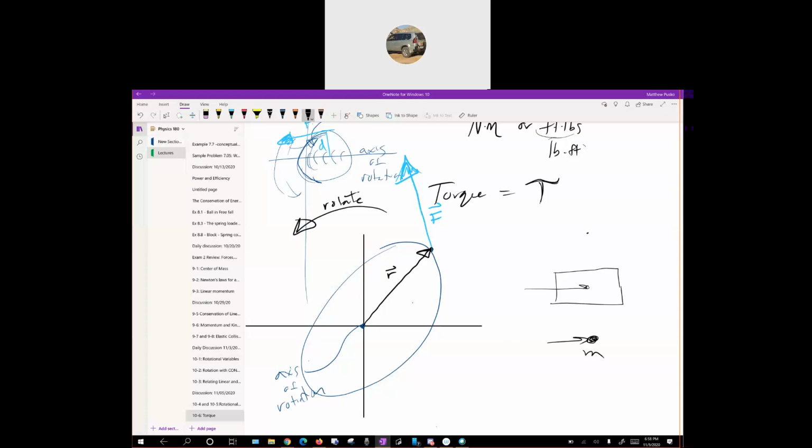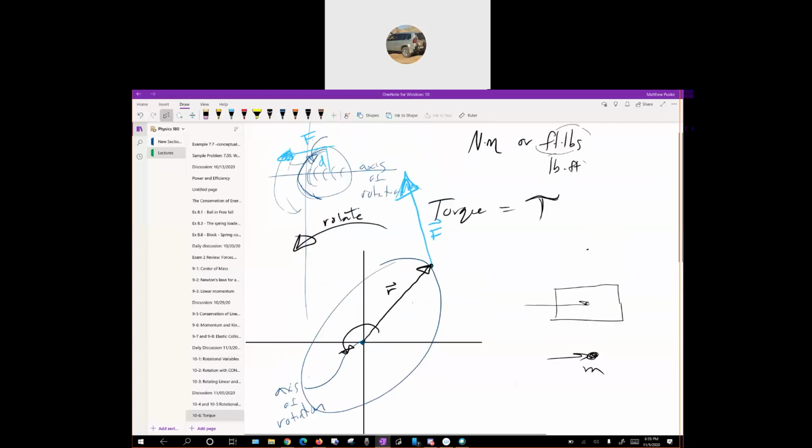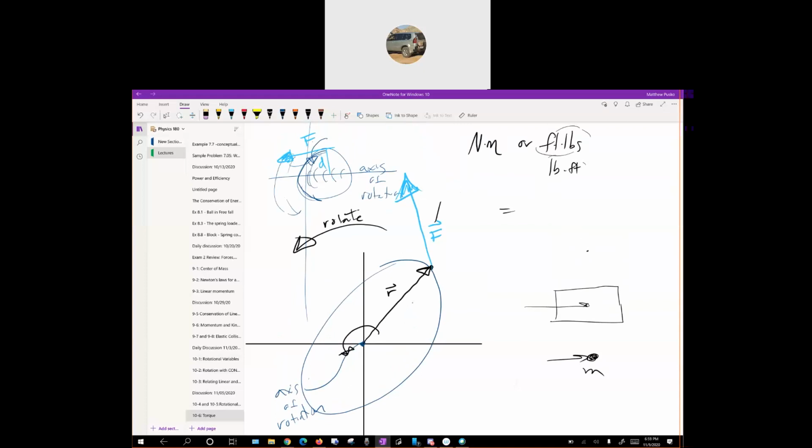If we apply a force at a distance, it's going to cause a rotation about some axis. And let's look at what's actually happening here, and we'll come up with our first basic definition for torque. We can look at this in two ways. We can break this force right here up into components that are perpendicular.